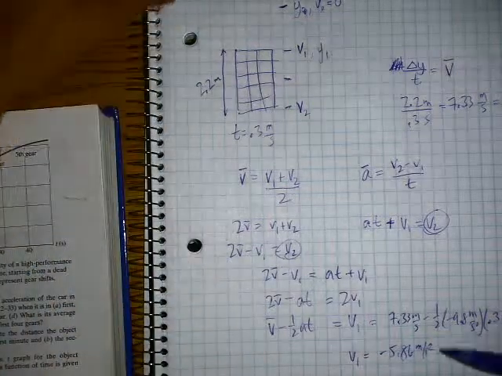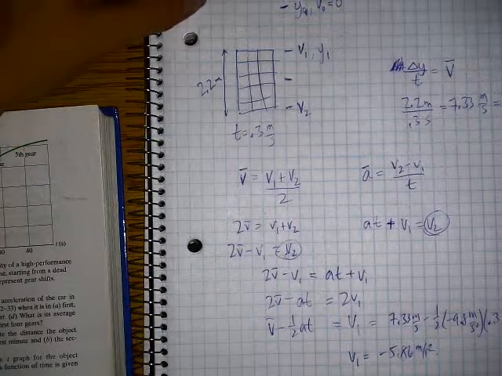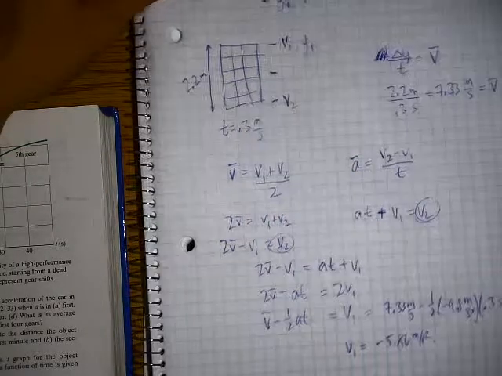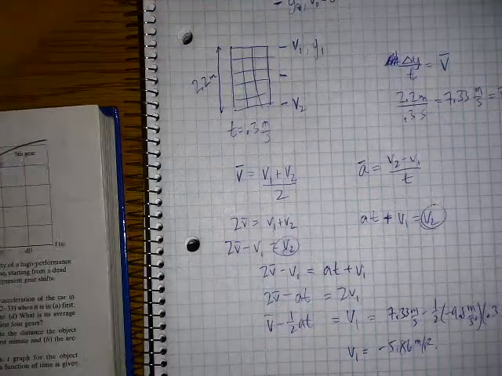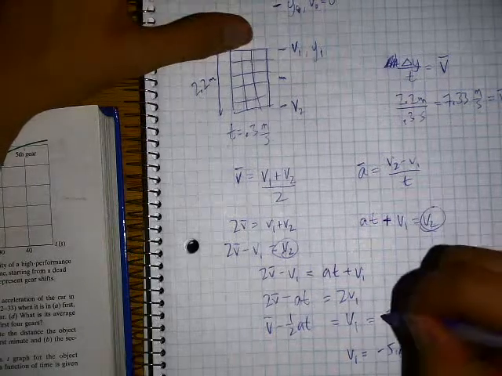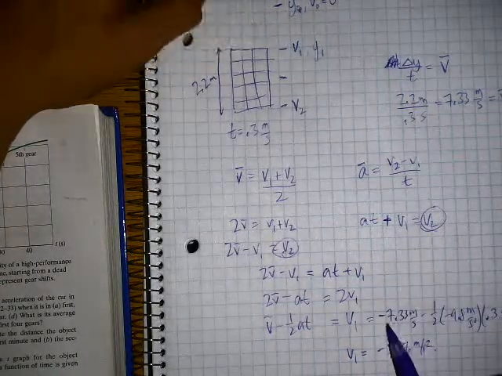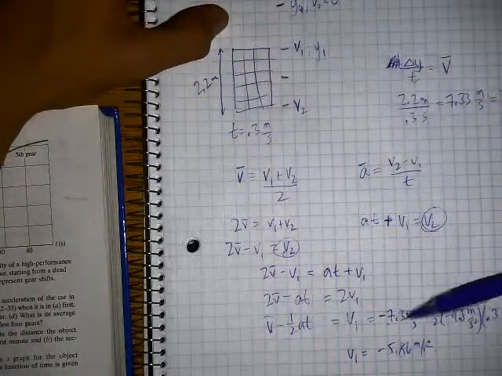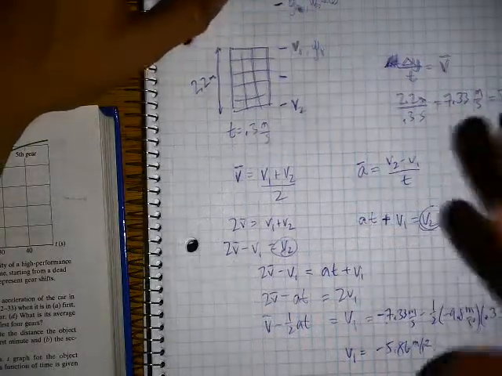Again, it's negative because it's going downwards, so our sign convention is still working out. You're probably asking if this is negative, so the average velocity is downwards as well, so negative 7.33, and that will work out. Excuse me there.